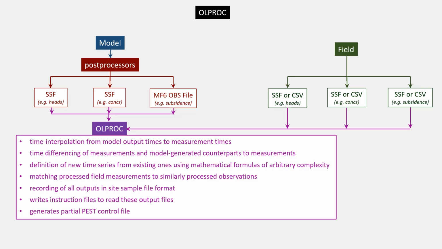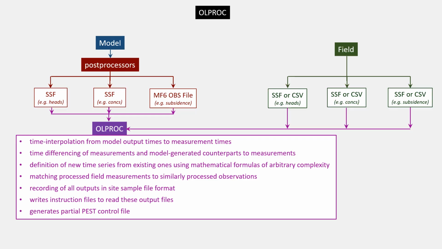And then it can perform a variety of complex functions. It can undertake time interpolation from model output times to the times at which field measurements of different types were made. It can undertake time differencing, just as we've been talking about.